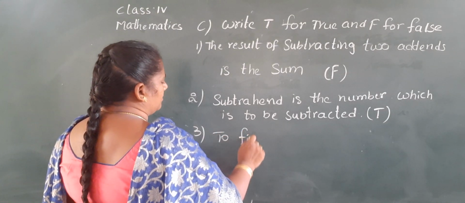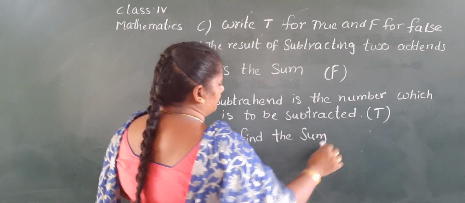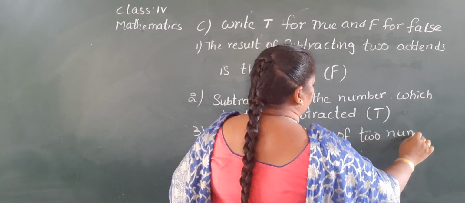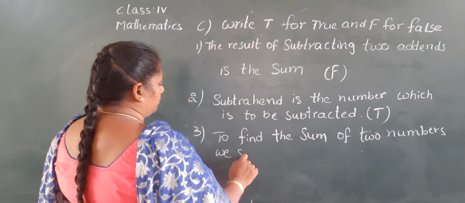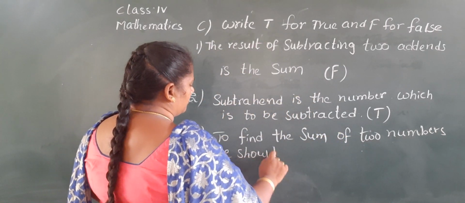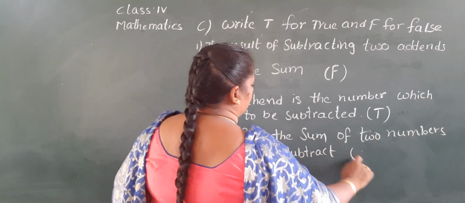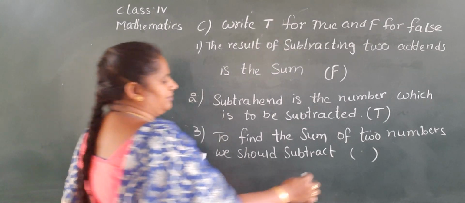Third one, to find the sum of two numbers, we should subtract. Is this a correct statement, children? Yes, wrong.